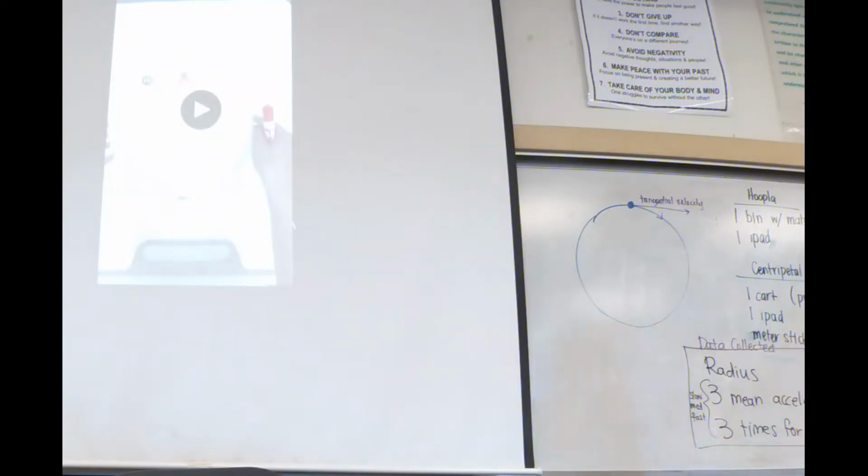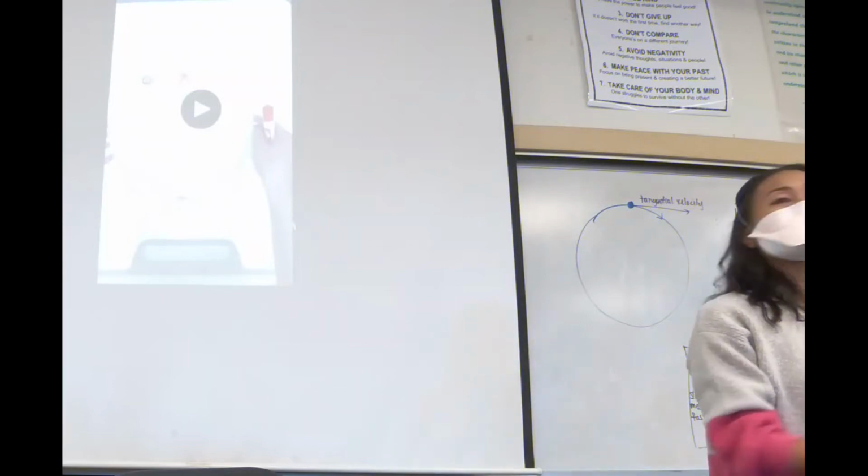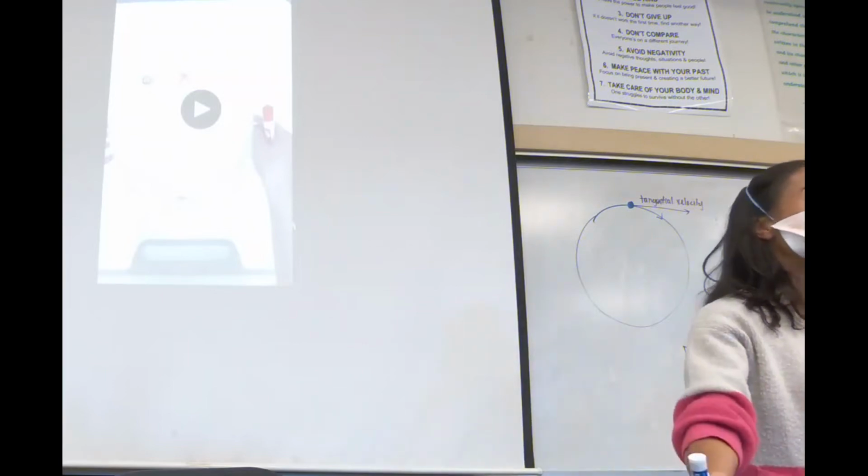So the only reason why it went in circular motion is because we had an outside force, right? We had a hoop. Once we eliminated that outside force, what does Newton's law tell us? What is it, James? An object in motion wants to stay in motion, but not just any motion, constant motion.